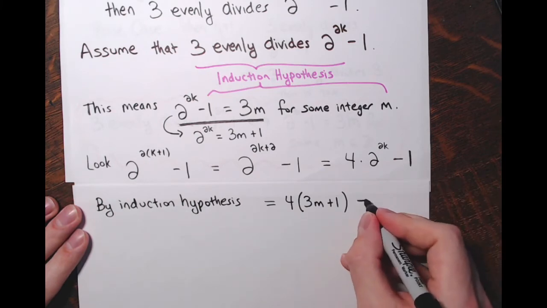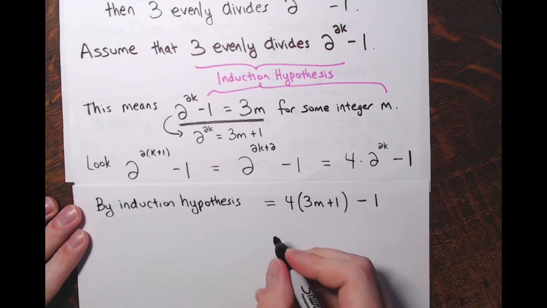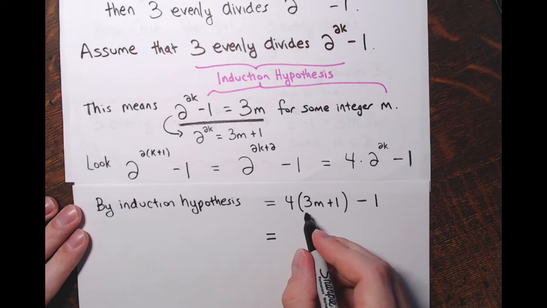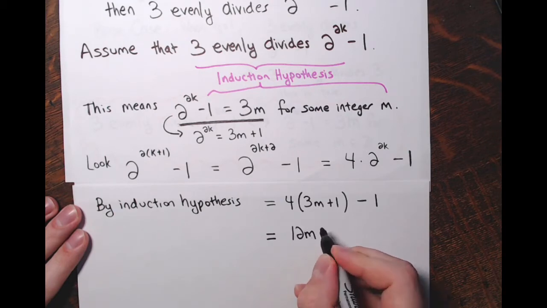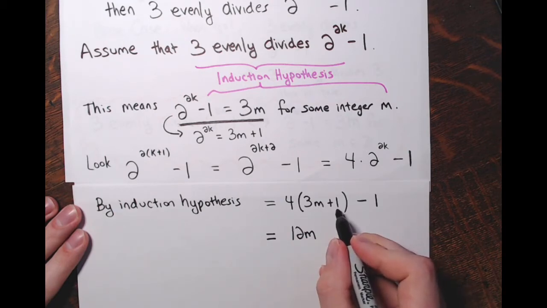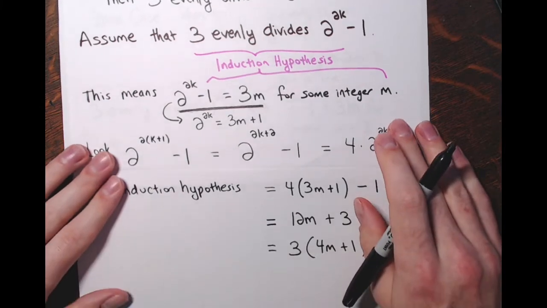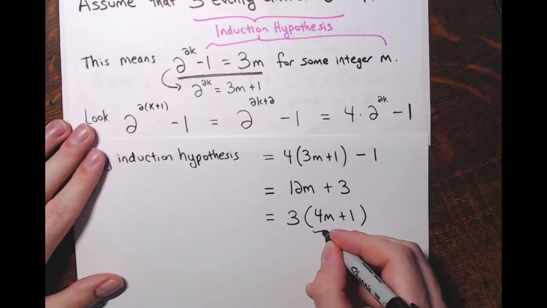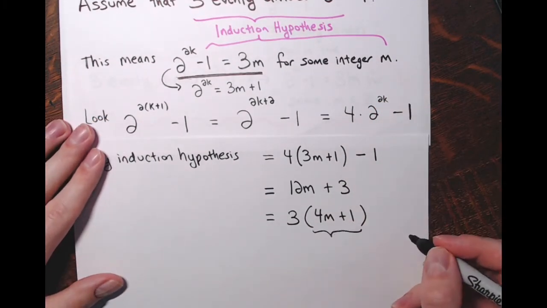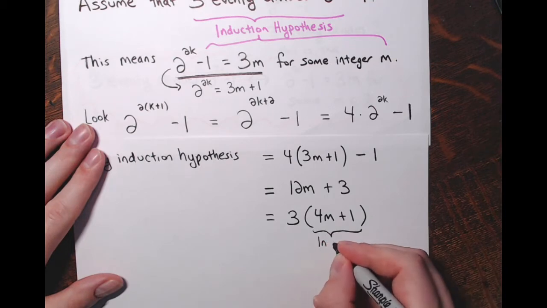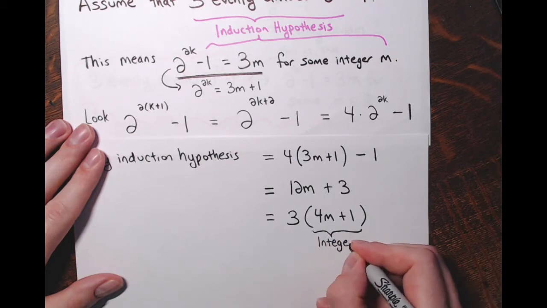And then we got minus 1 after. And after some distributing here, this is 12m plus 4 minus 1, that'd be plus 3. And oh look, don't these both have a common factor of 3? This is 3 times 4m plus 1. And because m is an integer, 4m plus 1 is also an integer.